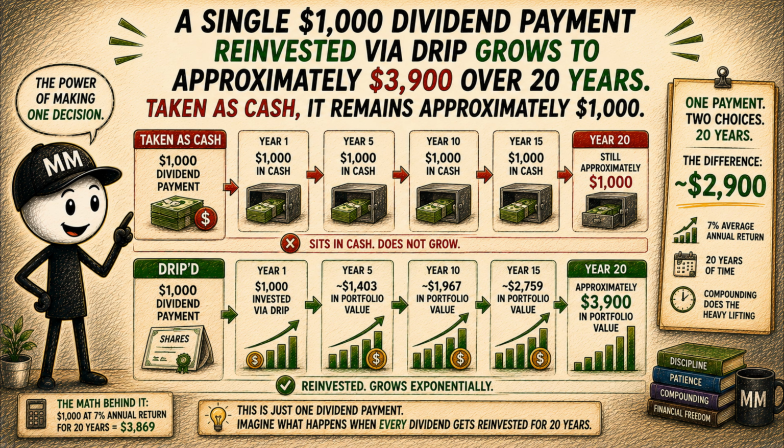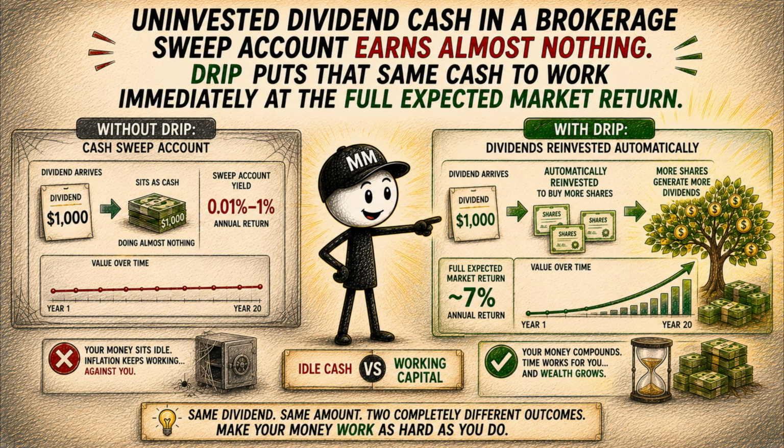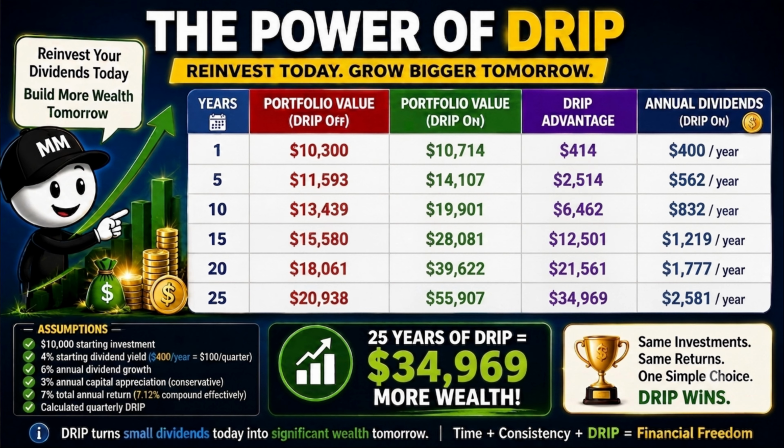Those dividends get reinvested into more shares. Over 20 years, that single reinvested $1,000 payment grows to approximately $3,900 in portfolio value at 7% annual total return, nearly 4 times its original amount from a single reinvestment rather than a cash balance.